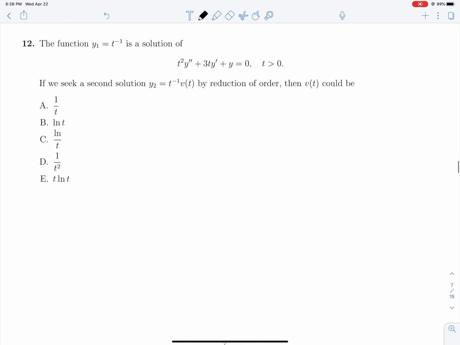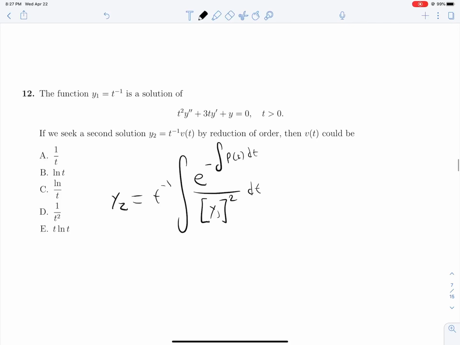12, because y equals t to the negative 1 is a solution to this, we're looking for a second solution by reduction of order. What would that be? Well, reduction of order says that y2 is equal to y1, which is t to the negative 1, times the integral of this rational expression, e to the negative integral of p of t dt over y1 squared dt.